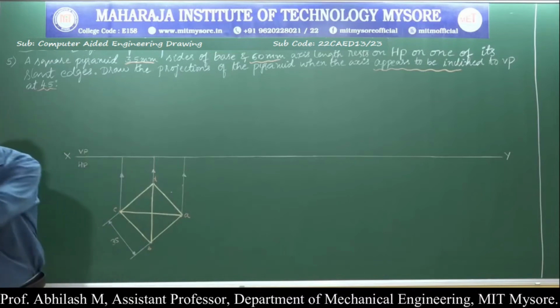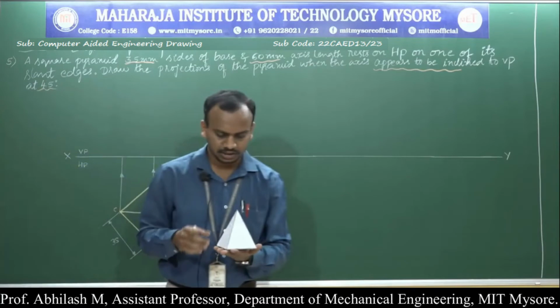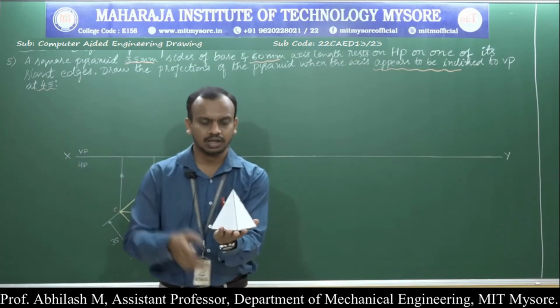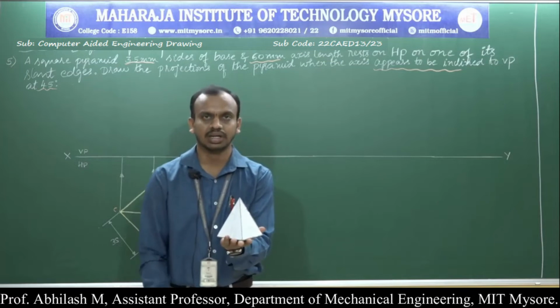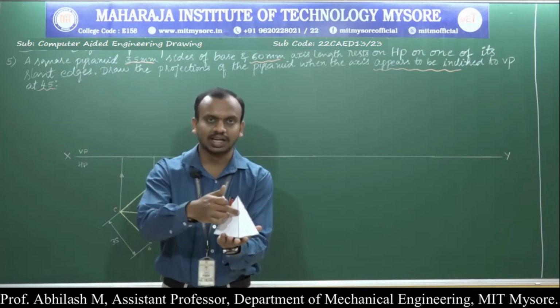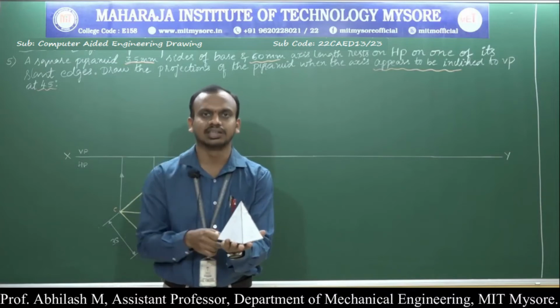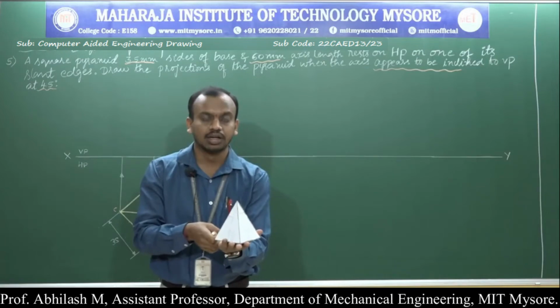So in order to draw the front view, we should know the axis length. So we are resting the solid. They have clearly specified the axis length is 60 millimeter. But if you observe in this particular position, one of the slant edges is overlapping the axis. So I need not draw the axis chain link line. So what can I do?